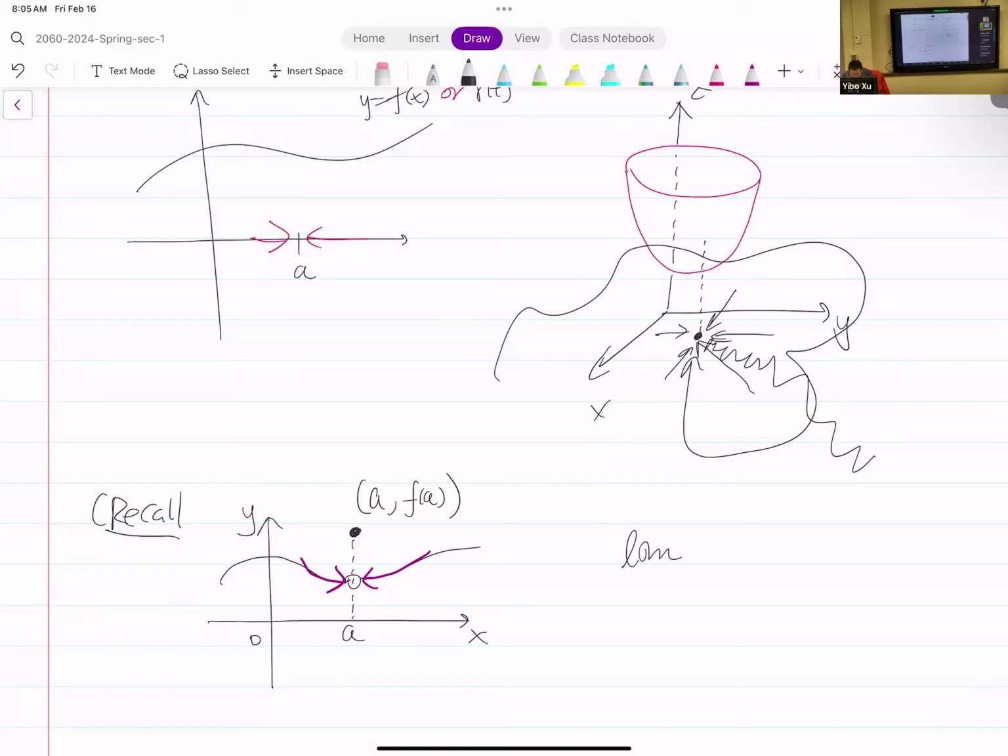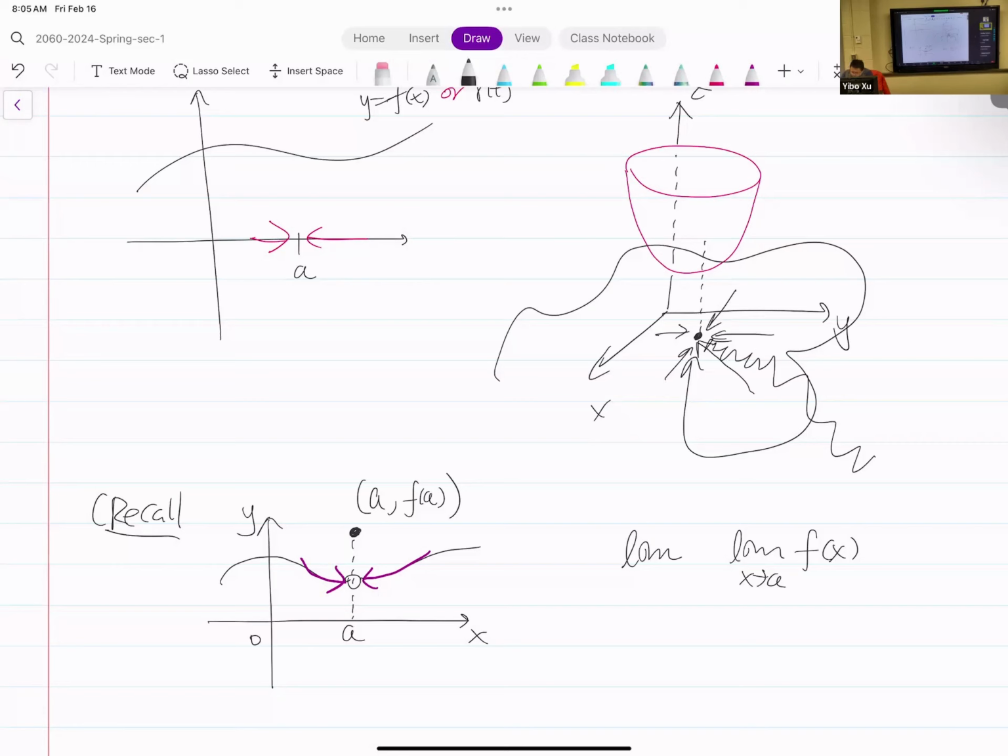So here the limit is represented by this notation that we have seen from Calc 1: the limit when x, the input, approaches A for the function f of x, right?